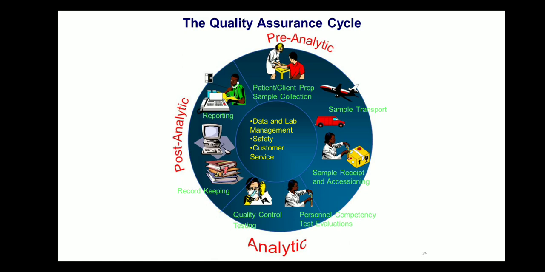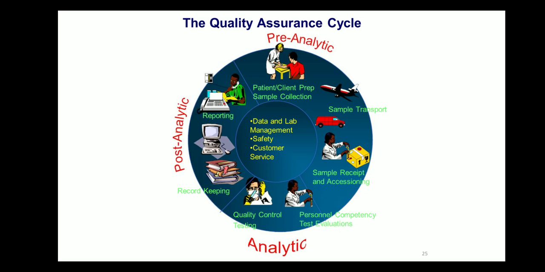All this comes in pre-analytical. Analytical is testing the value, QC. This comes under analytical. Post-analytical is after the analysis: reporting, storing of the report, and right dispatch of the report. That comes under post-analytical.